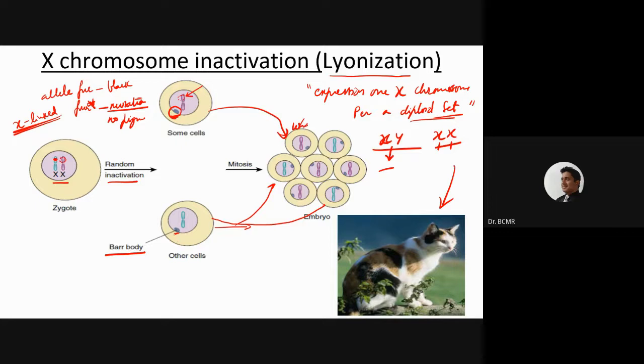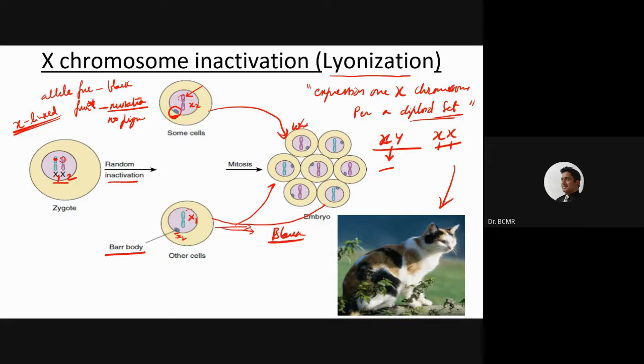Whereas for the other X chromosome, I will call them X1 and X2 for reference. This is X2. If X2 is inactivated and X1 is active, that will produce the black color pigment. And therefore, all the cells that come from here would have a black color producing phenotype.